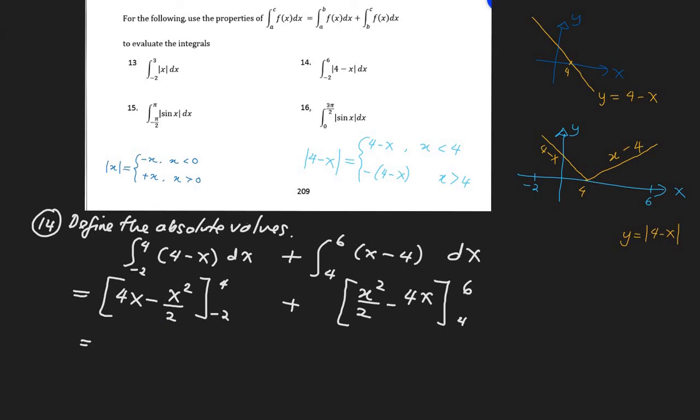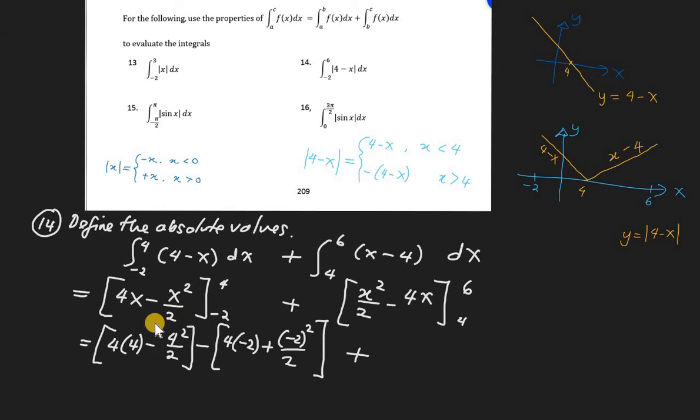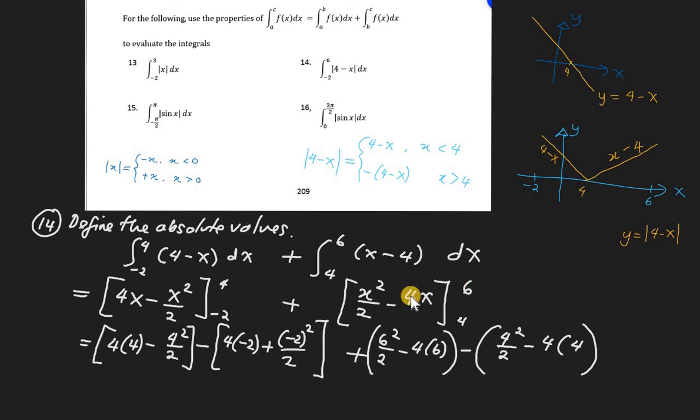So let me do it. I've got the first part. We replace x with 4, minus replace x with the lower boundary. And then we do the same thing for the second portion: replace x with 6 and minus replace x with 4. Then you just use your calculator to finalize your answer.